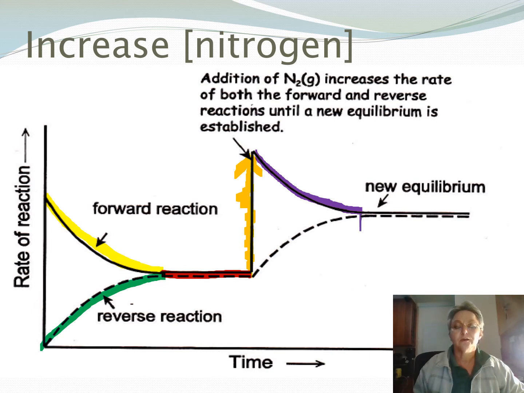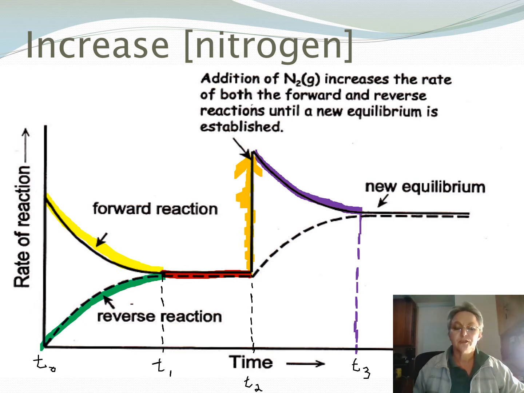So the new equilibrium is reached at this time here. So let's say this is at time 0, and there at time t1 the first equilibrium was reached, and at time t2 the nitrogen was added, and at time t3 the new equilibrium was reached.